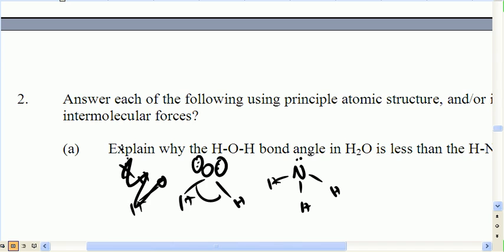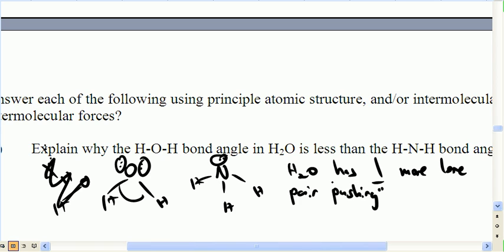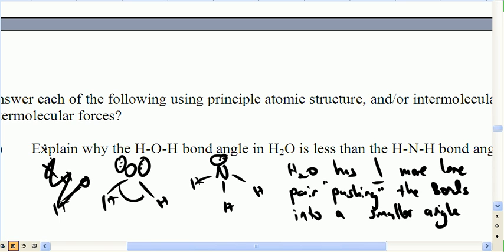Okay, so H2O has 1 more lone pair pushing or distorting the bonds into a smaller angle.